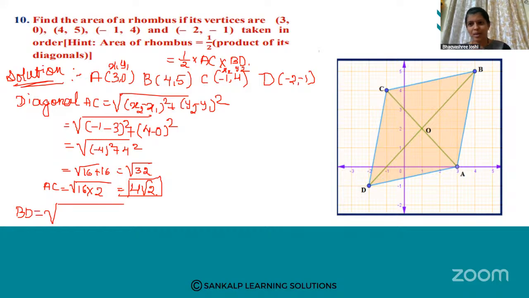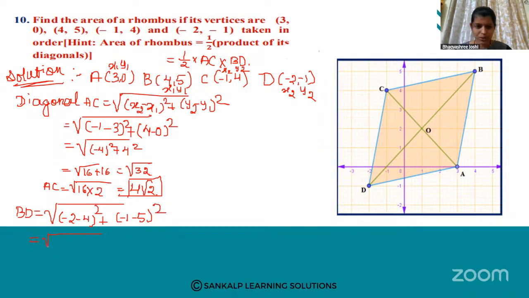Square root of x2 minus x1. Here also we are using the distance formula. So B to D. B to D means, dear children, this is x1 y1 and this is x2 y2. Yes or no? x2 minus x1. x2 value is minus 2, x1 value is 4, whole square, plus y2 is minus 1, y1 is 5, whole square.